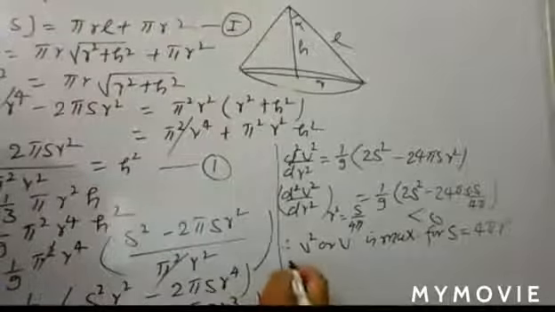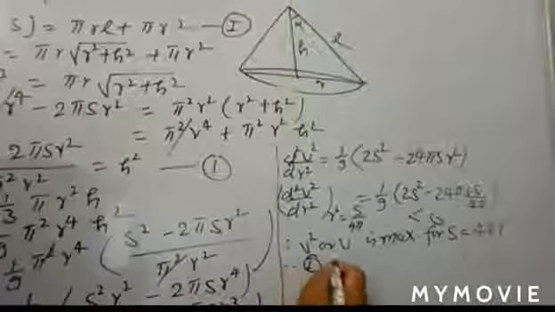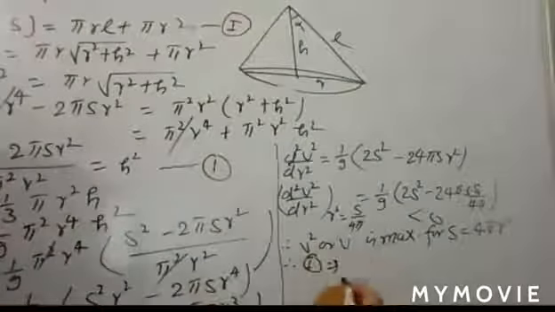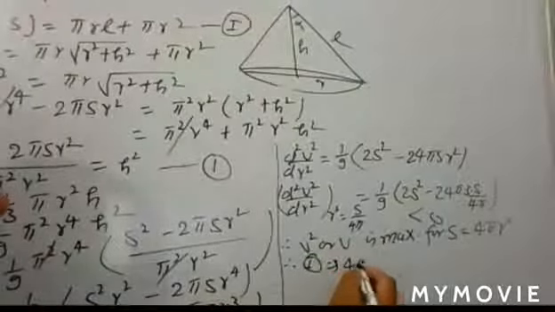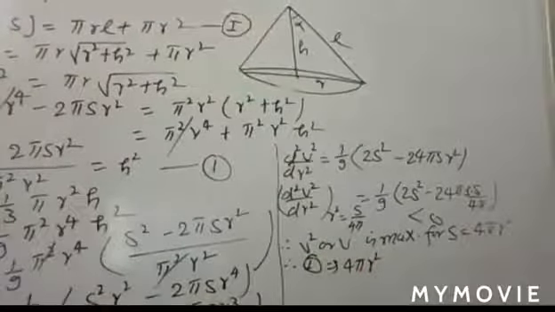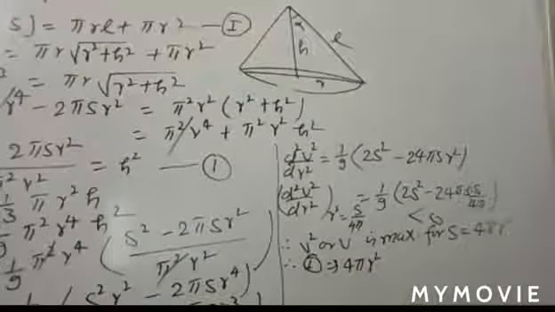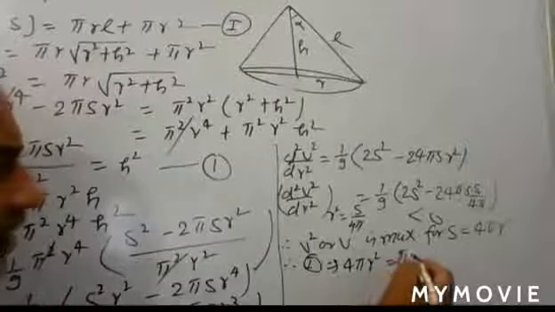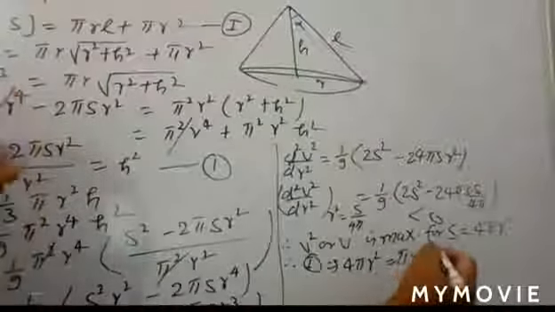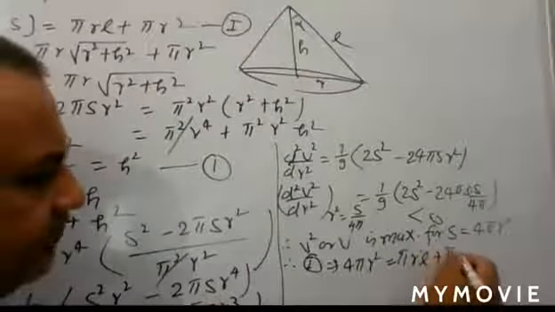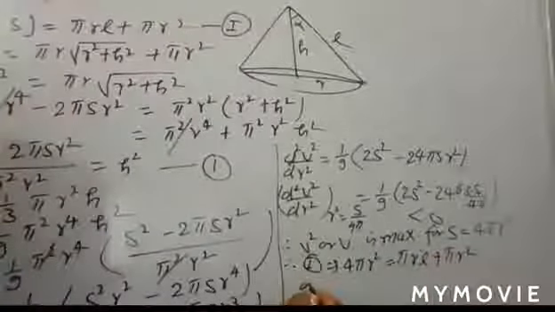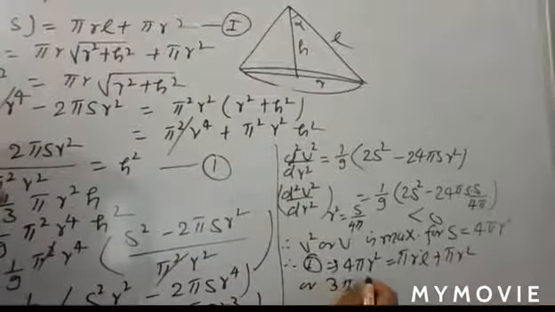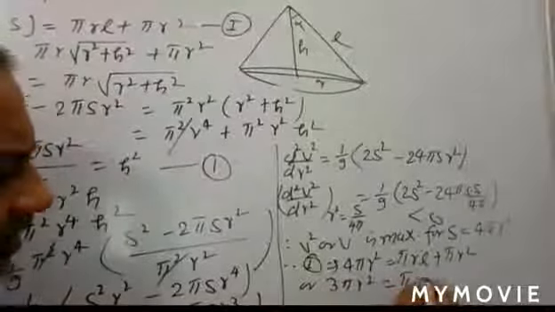So here you have S, and the value of S is 4 pi R square, that is equal to pi RL plus pi R square. So 3 pi R square is equal to pi RL.